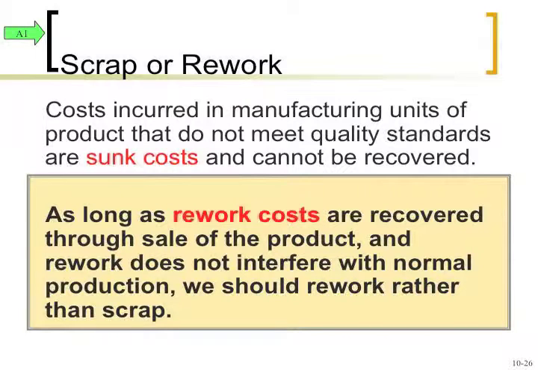So then if we move to slide 26, we now come up with our third special decision, and that is, should we scrap an item? In other words, we had a defective product that we manufactured. Should we just throw it away, get rid of it, or should we try to rework it? And here again, what we want to look at is, can our rework costs be less than the original cost plus the rework cost?